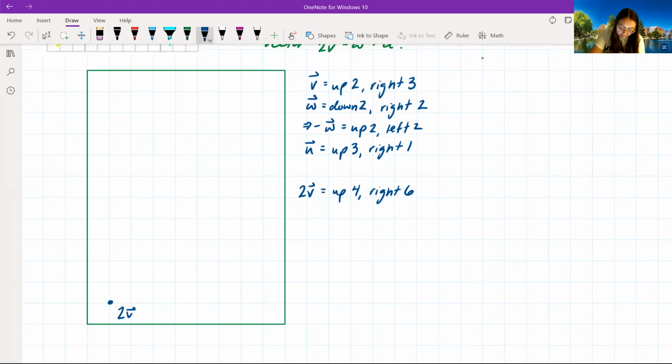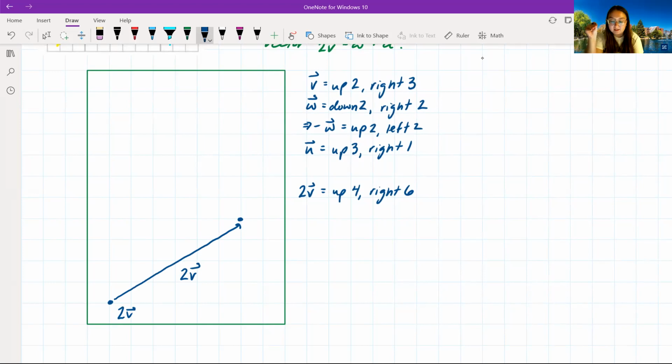So remember, we're going to go up 4 and to the right 6. So we're going to go 1, 2, 3, 4, 1, 2, 3, 4, 5, and 6. So we've gone up 4 and we've gone right 6. So now we're going to draw our arrow to this point. So this point here is 2v.